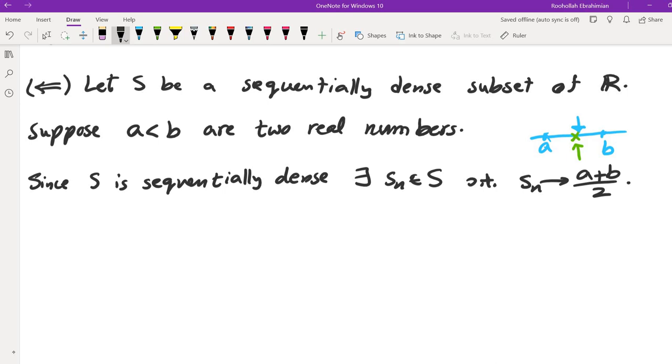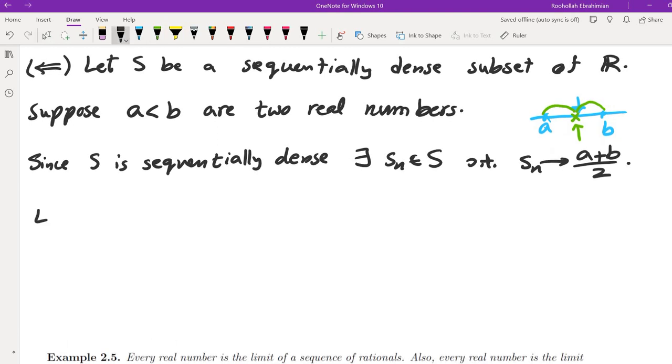Now, I would like to show that at some point the sequence is inside this interval. In order to do that, I will have to take epsilon to be half the length of the interval. Let epsilon be (b minus a) over 2 in the definition of limit.